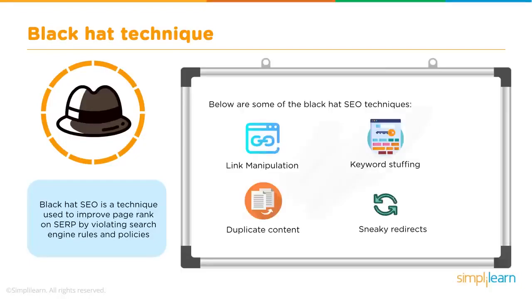Some other black hat ways are redirecting, phishing, and having duplicate content. All these are things that are frowned upon by search engines. So the result, not only of algorithm changes, is that you could get your website blacklisted from the search engines if you are caught in violation of their policies.